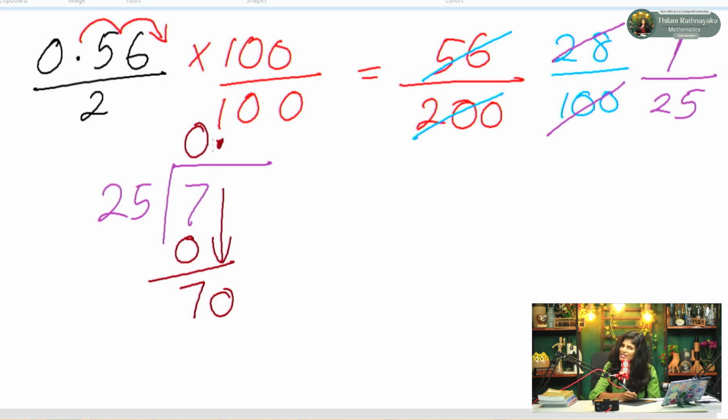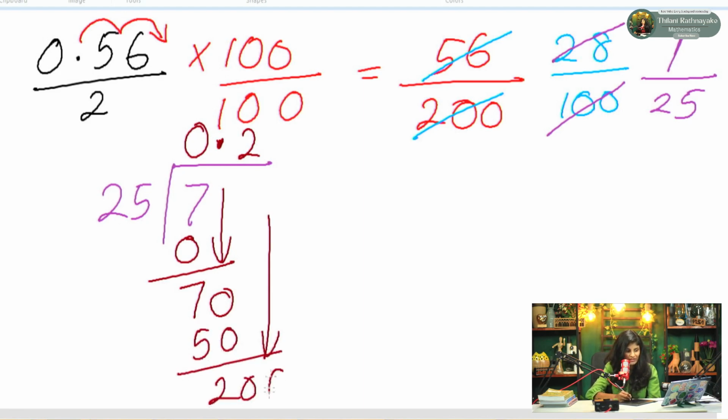So, 70, how many 25s are there? Yes, that is 2. Here 50, again 20 is remaining. I will take another 0. How many 25s are there for 200? Yes, that is 8. So, we got our final answer as 0.28.